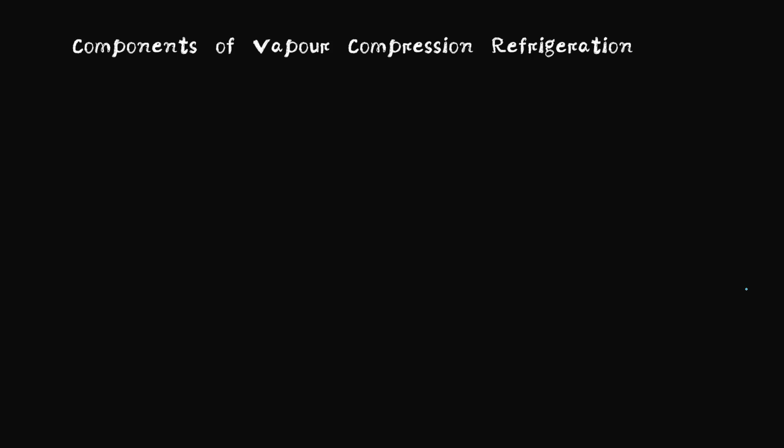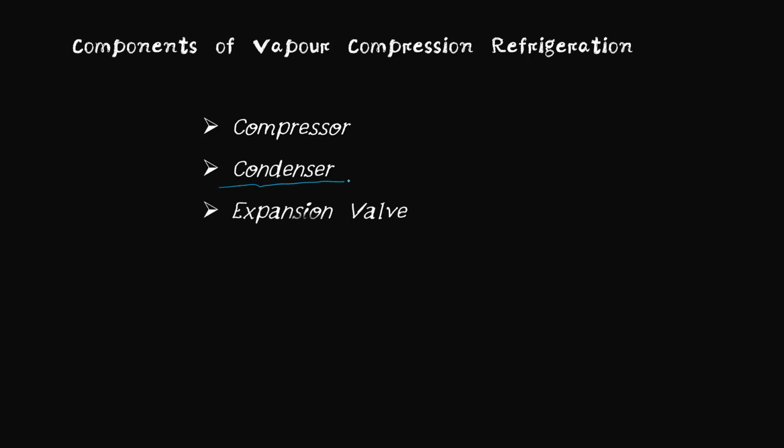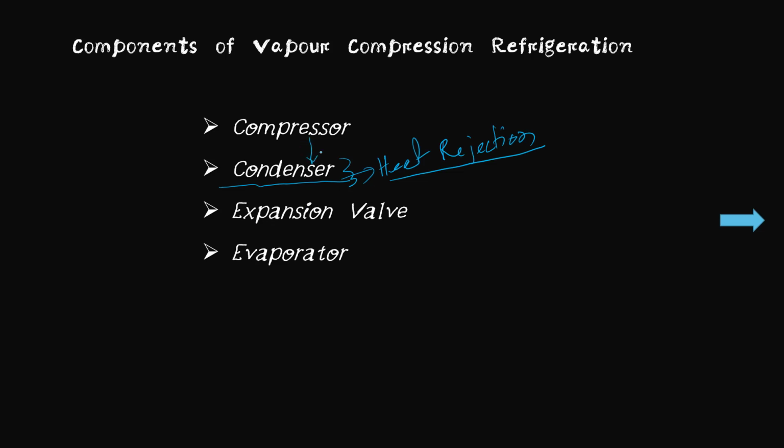What are the main components required for refrigeration? Definitely we need one compressor that compresses the vapor phase of the refrigerant, and after the compressor it will go to the condenser to reject the heat. Because of the compression, the pressure is high, so that will be reduced by using one expansion valve.